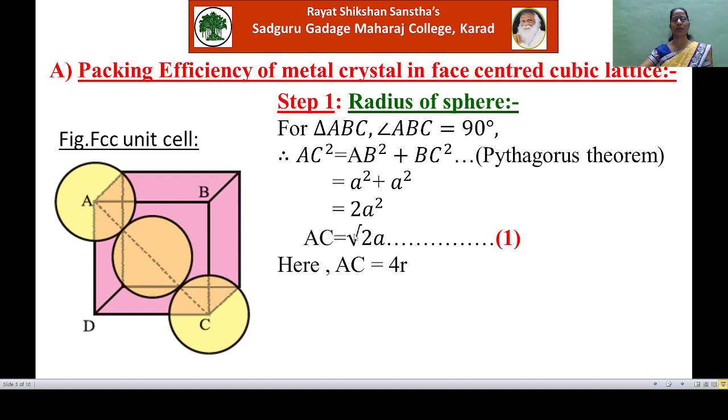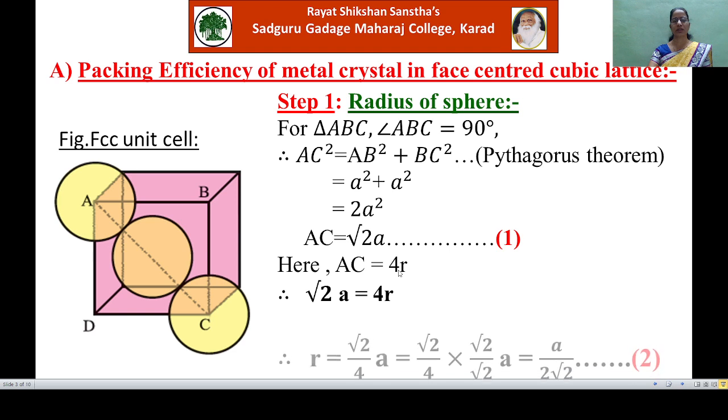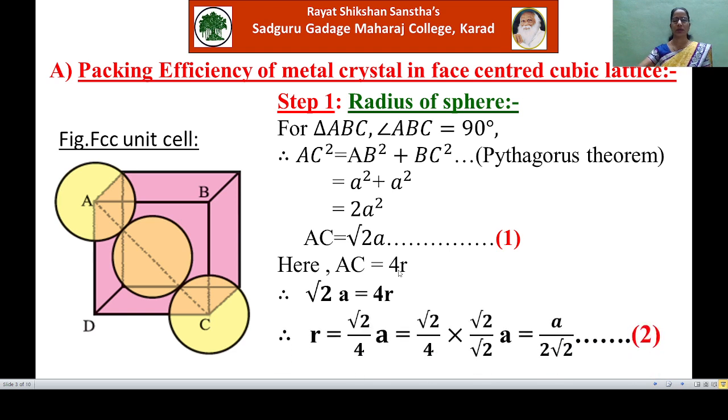From these two equations we can write root 2 a is equal to 4r. Thus r is equal to root 2 upon 4 into a.